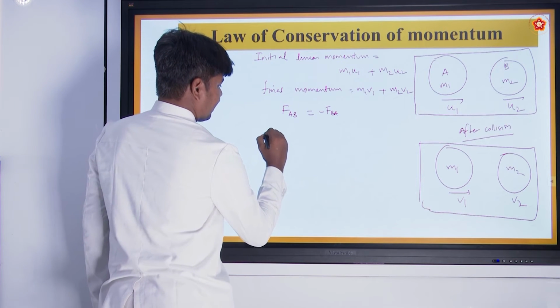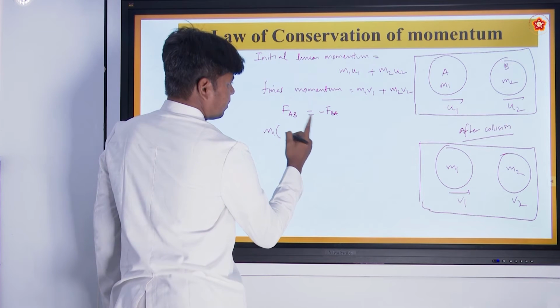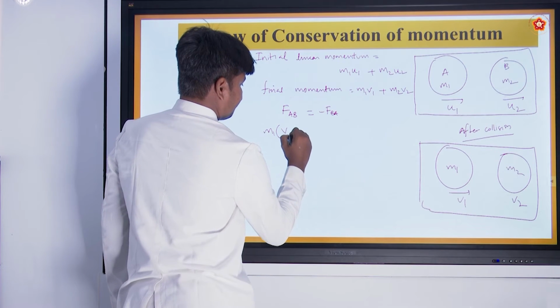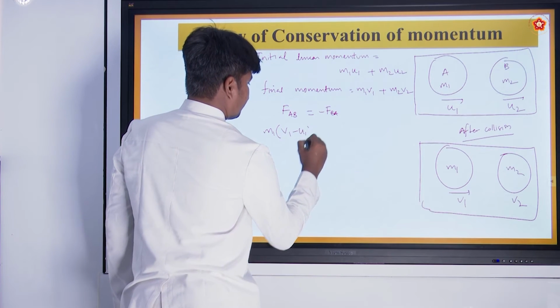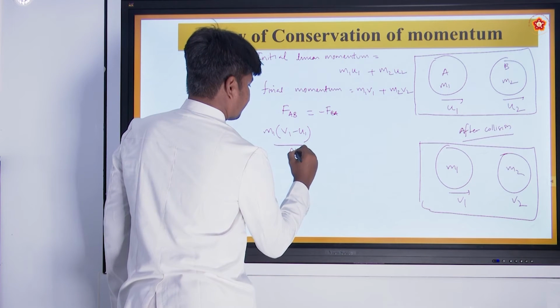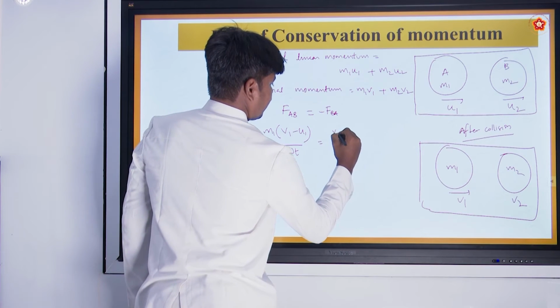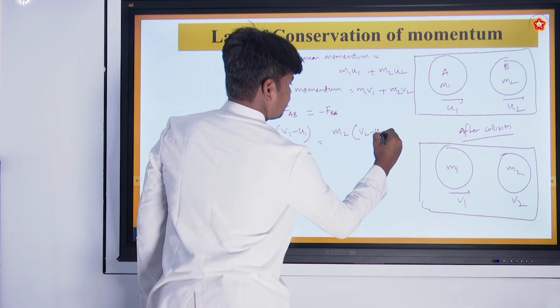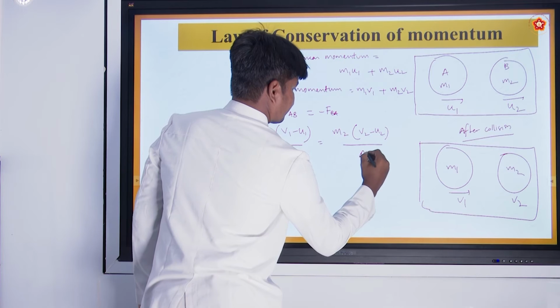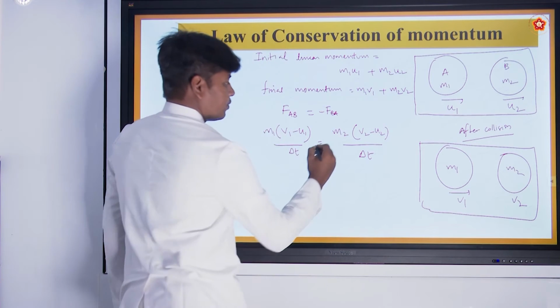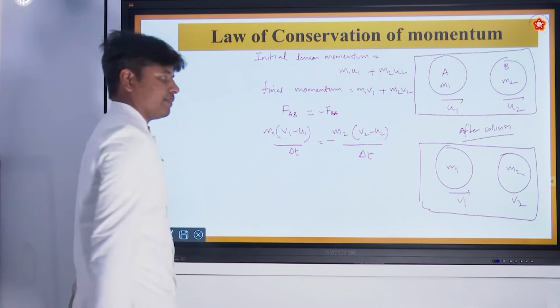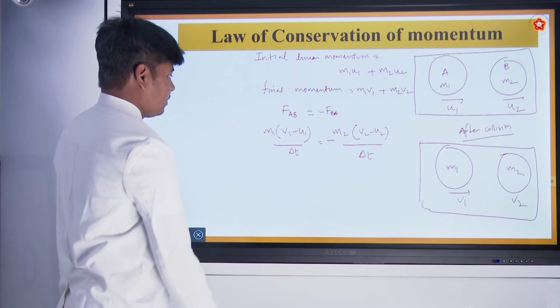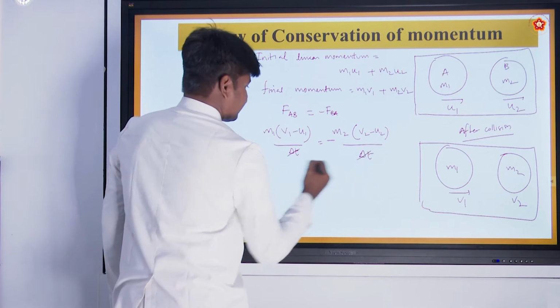It will be m1 into, what is the change in velocity? v1 minus u1 by delta t, that is equal to m2 into v2 minus u2 by delta t, and we should not forget to place this minus sign. So delta t will get cancelled.